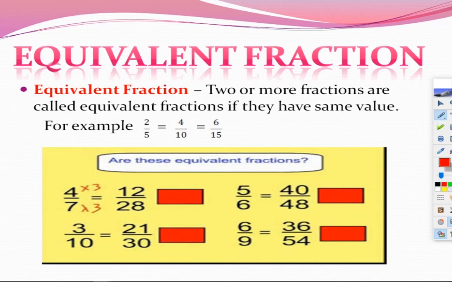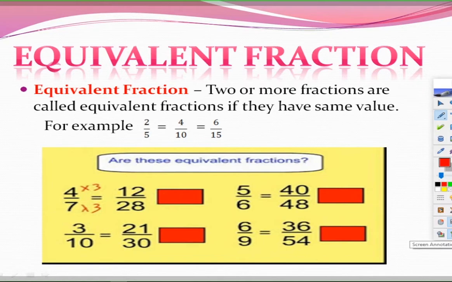4 by 7: 4 into 3 is equal to 12, 7 into 3 is equal to 21. It means they are not equivalent.